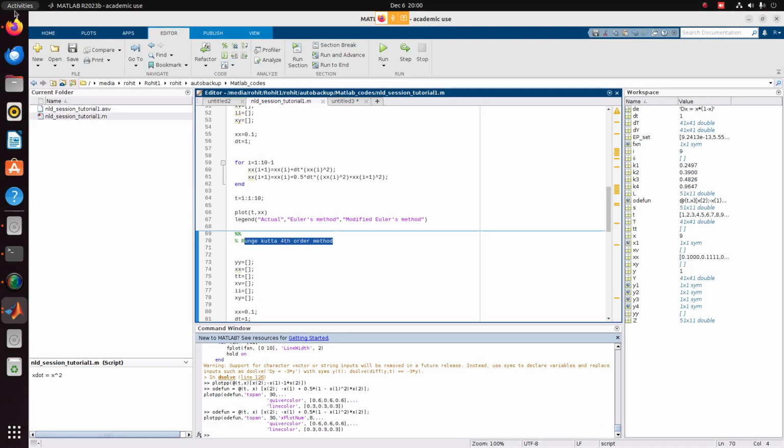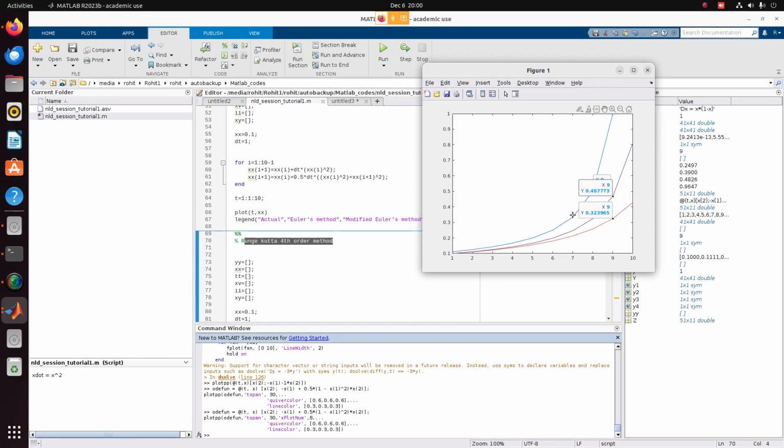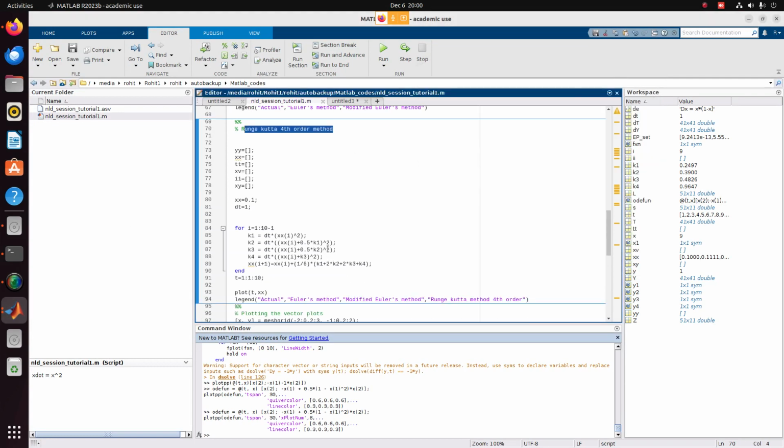So we saw the actual, the modified Euler and the Euler method. Now in the Runge-Kutta 4th order method, for a given initial condition and delta t, you generally need not take very low delta t's. That's the advantage of using Runge-Kutta. You find the K1 value, that is delta t times x_i square, and K2 is dt times the square of x_i plus half of K1.